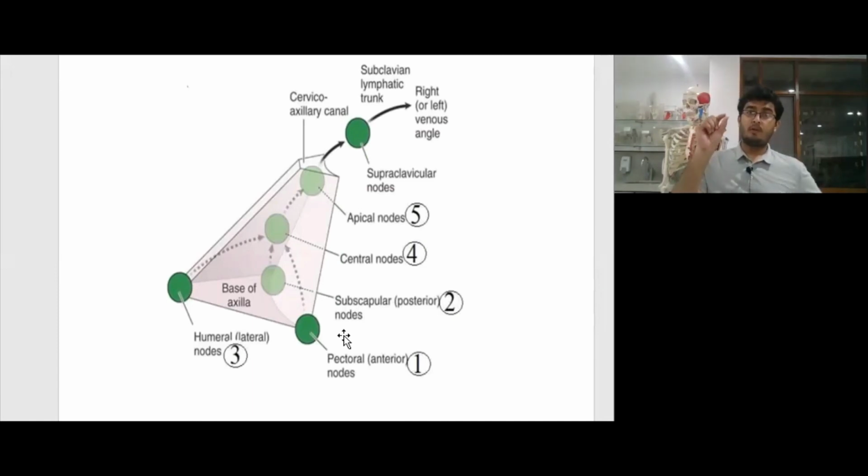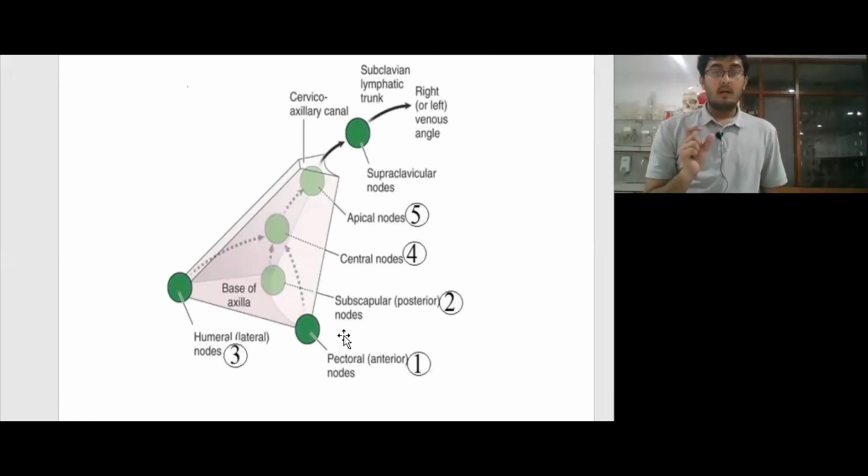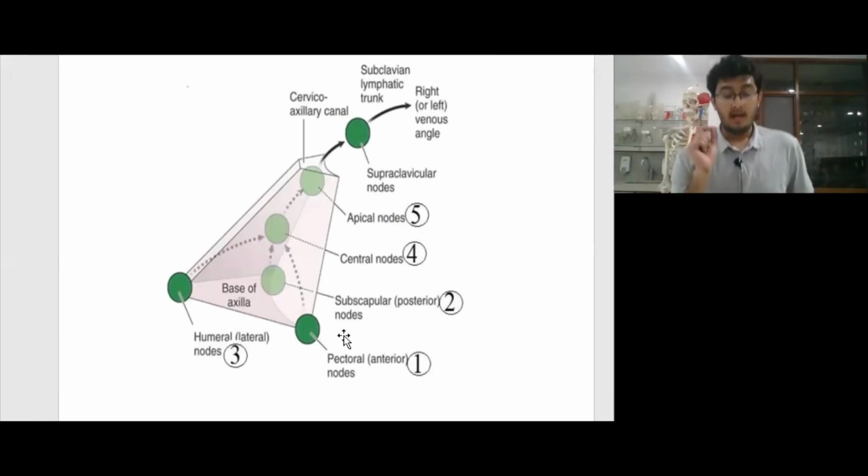That group of lymph nodes, where the cancer in any part of the body commonly spreads first, and where you take the biopsy from to screen for cancer, is called the sentinel lymph nodes. And you will come across this question most likely in your clinical rotation, where your surgeon will be asking you this, and hopefully by then you'll know the answer.